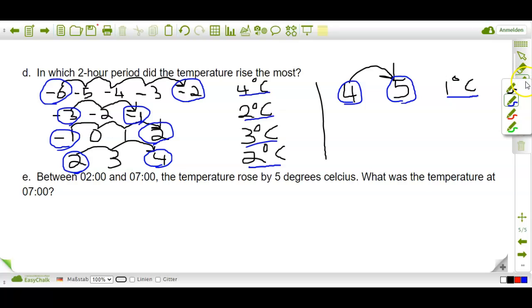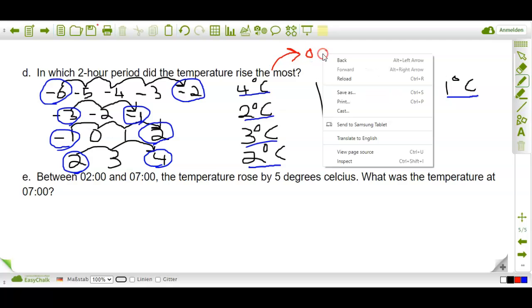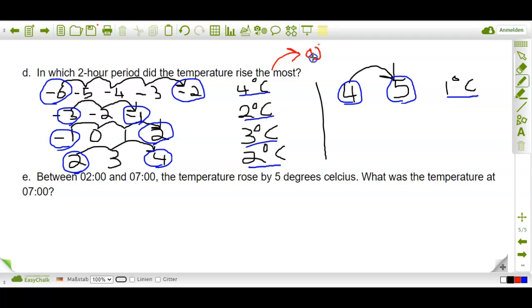I'll put the answer in a different color ink, red. So the greatest rise was from 200 hours to 400 hours.